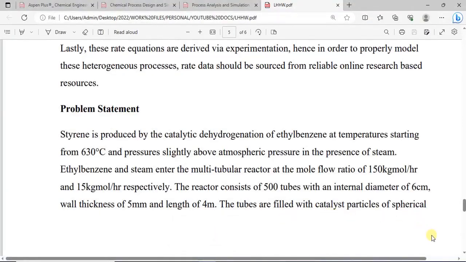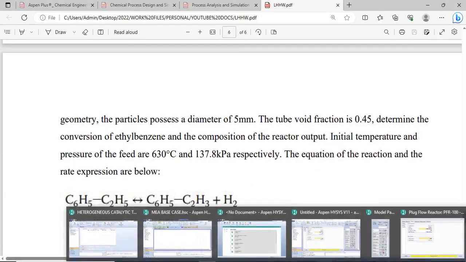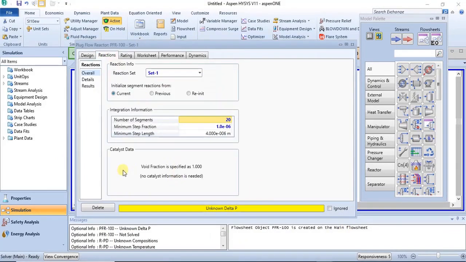Then it says the tubes are filled with catalyst particles of spherical geometry. The particles possess a diameter of 5 millimeter. So we have to specify particle diameter. To actually specify particle diameter, you have to activate catalyst data. This catalyst data section under reactions, you have to activate it.